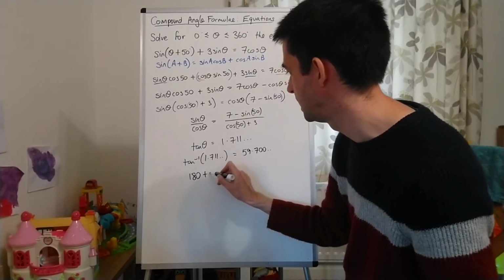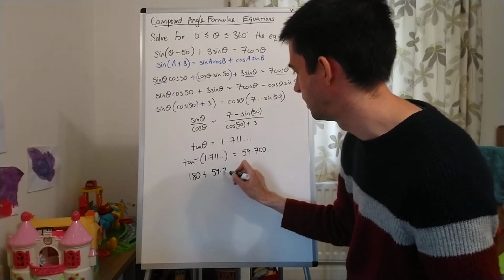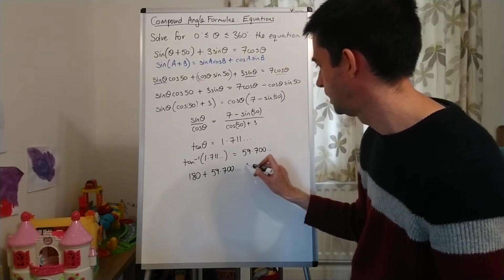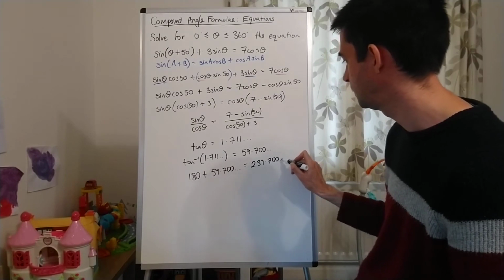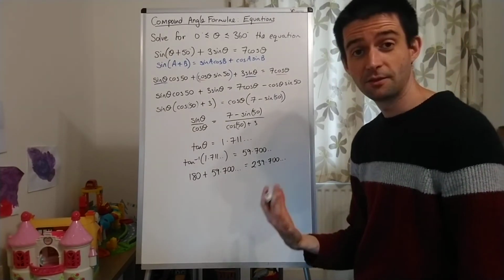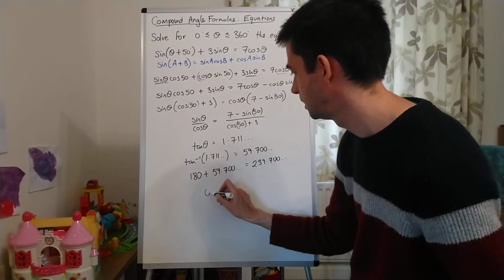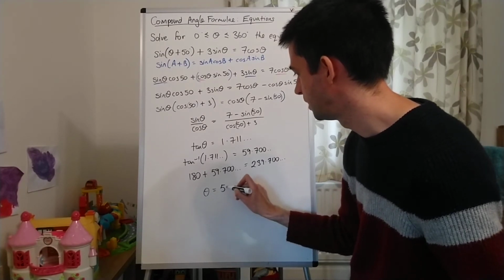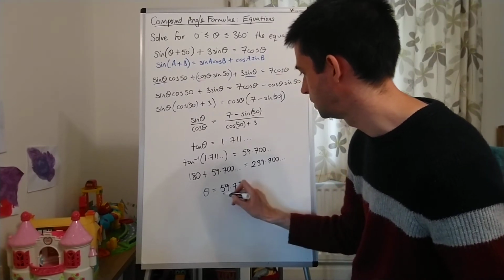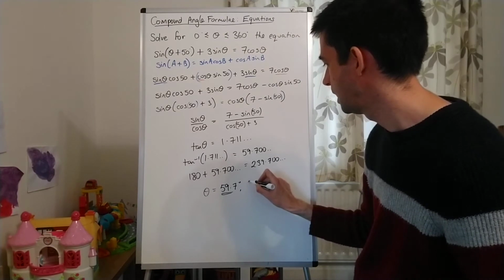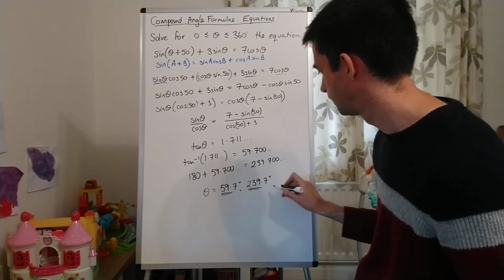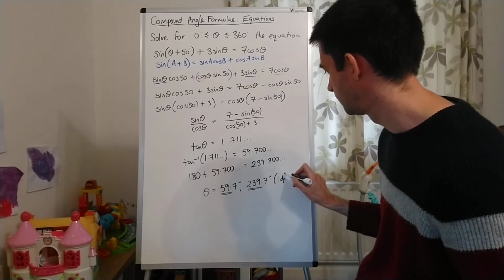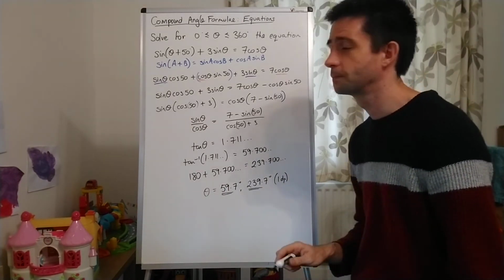So 180 plus 59.7 is going to be 239.7. So I have two solutions here for θ. I have θ equals 59.7, that's to one decimal place, and 239.7, similarly to one decimal place.